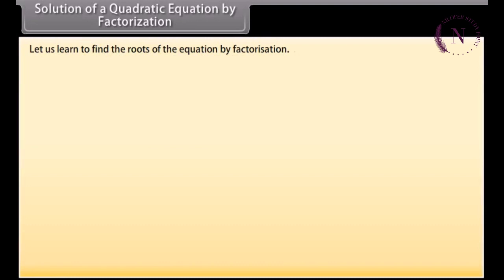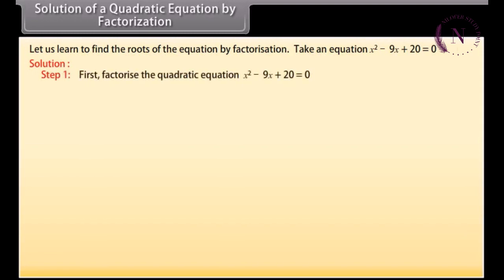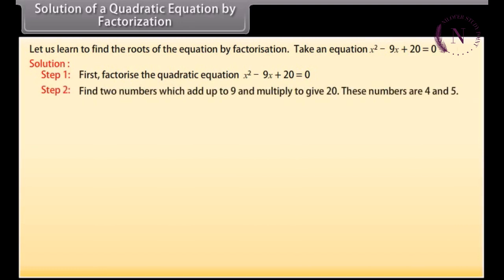Solution of a quadratic equation by factorization. Let us learn to find the roots of the equation by factorization. Take the equation x squared minus 9x plus 20 equals 0. Solution. First, factorize the quadratic equation x squared minus 9x plus 20 equals 0. Find two numbers which add up to 9 and multiply to give 20.